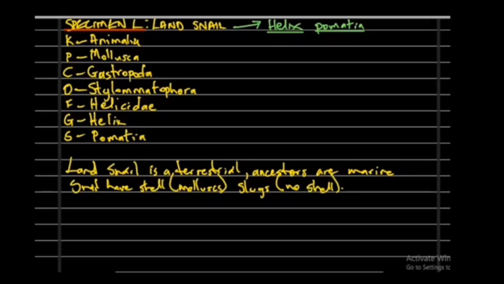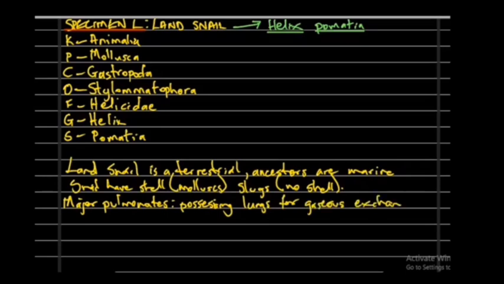Now, I said earlier on that the original ancestors are marine in nature. This organism is majorly a pulmonate. That is, it possesses lungs for gaseous exchange.